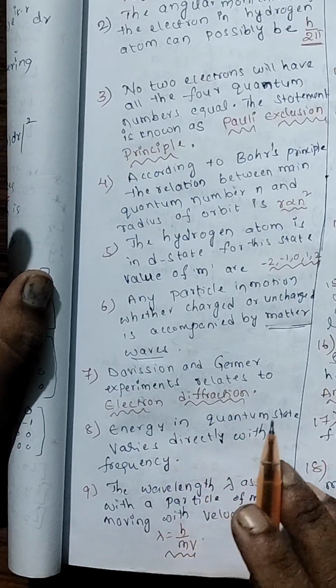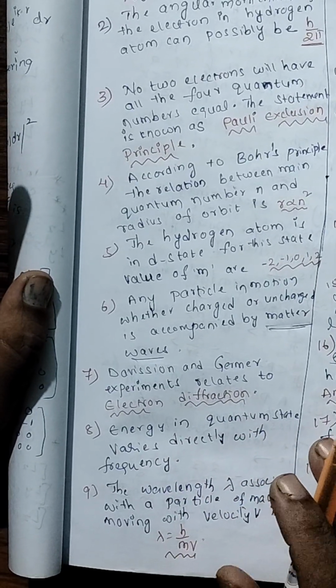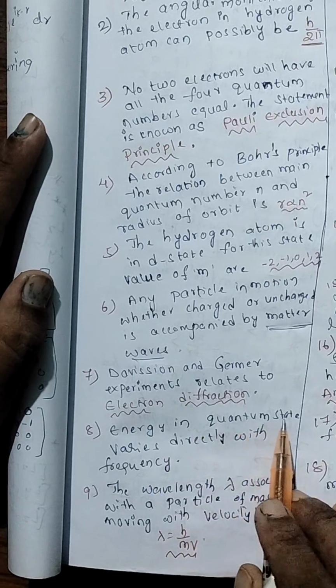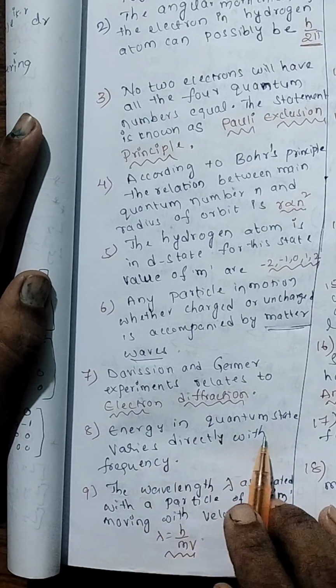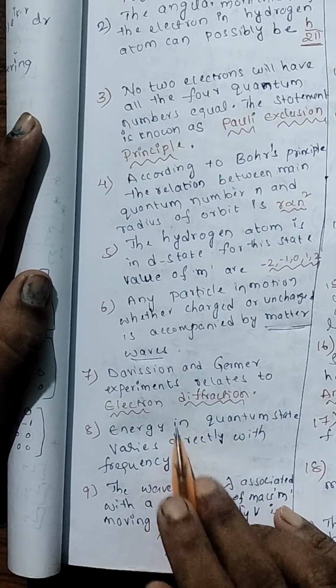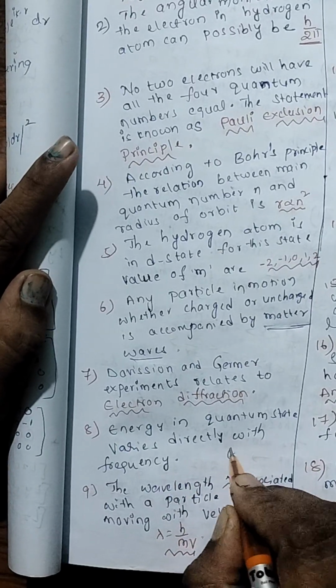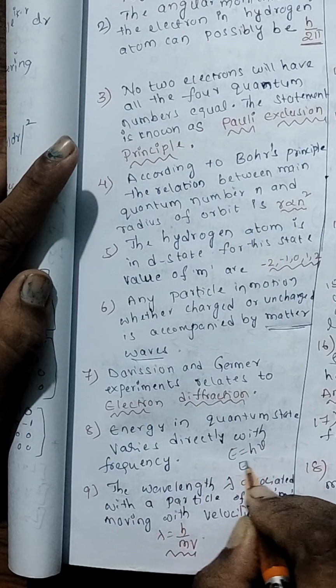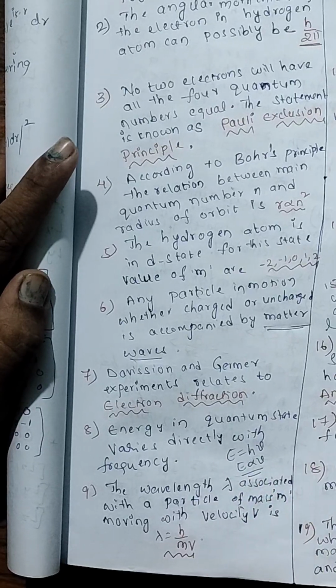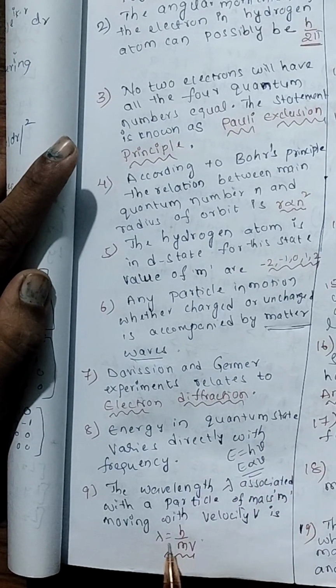They proved the electron diffraction. Energy in quantum state varies directly with frequency. Energy is directly proportional to frequency. What is the formula? E is equal to h nu. So, E is proportional to nu, where nu is the frequency.